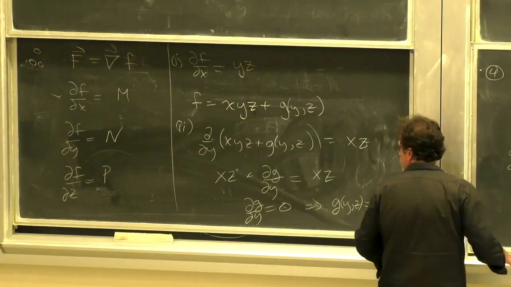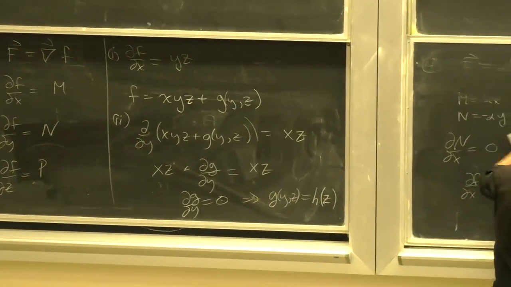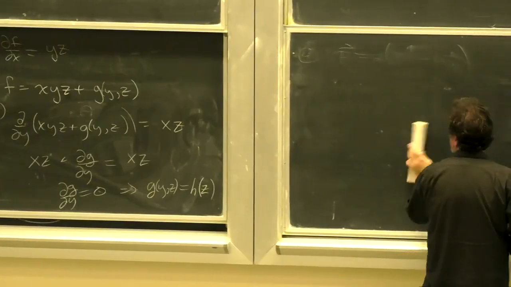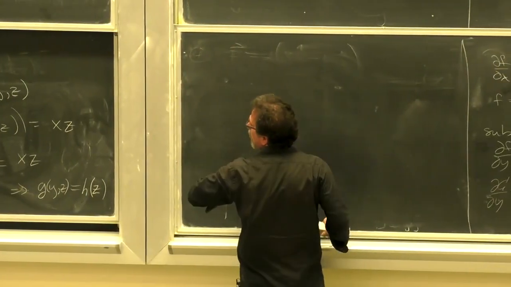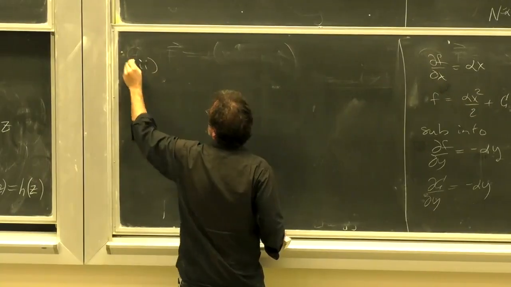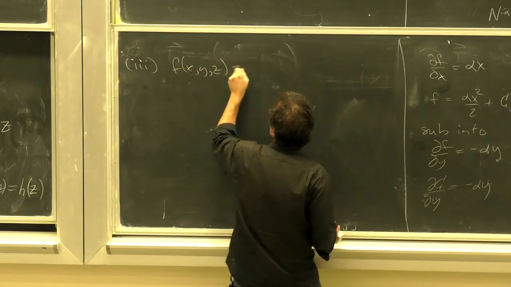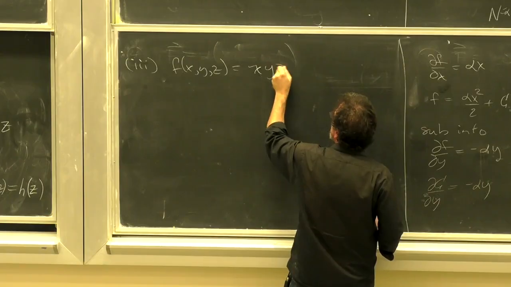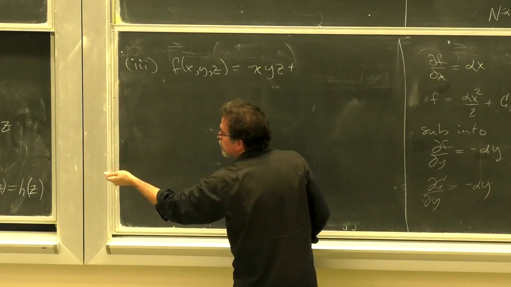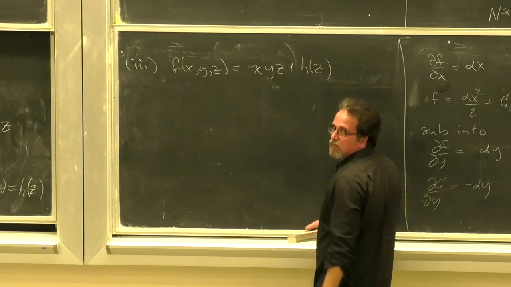Okay? So this is really the systematic way to do this. And once you get the hang of it, it's so straightforward. Okay? And then the third piece of information is that f of x,y,z right now is equal to xyz plus g of y,z, which is only a function of z, h of z.